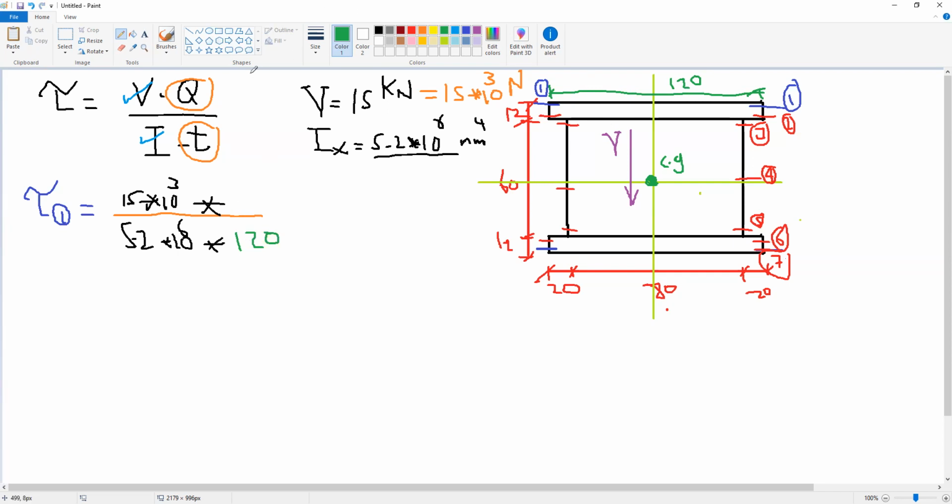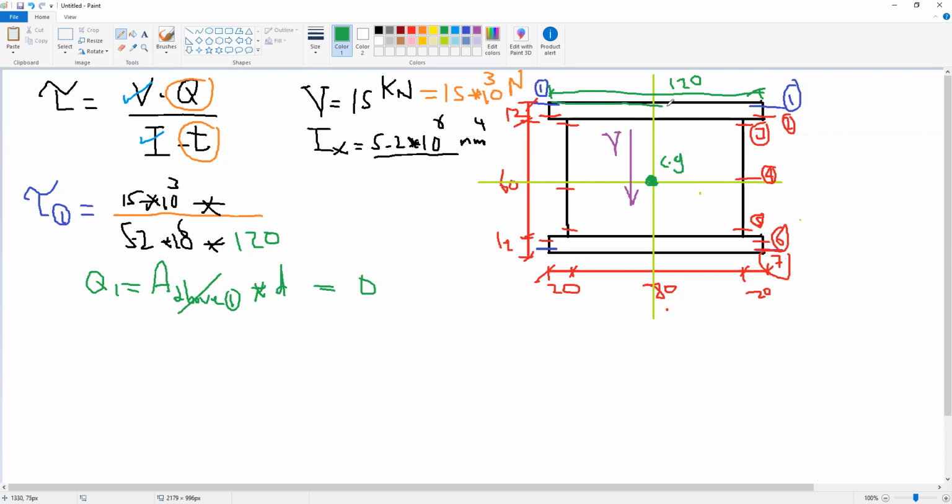And how much is Q? Q is the area. I will calculate Q1 here. Q1 is equal to the area above section 1 times the distance to the CG. How much is the area? This area is 0 because there is no area above section 1.